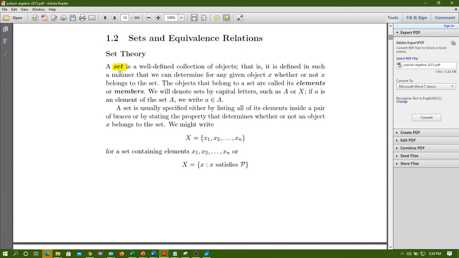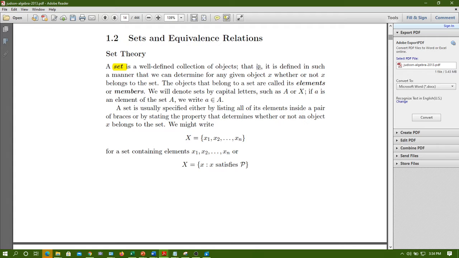I will not be discussing this one, but we'll go over the terms that are probably new to all of us. So set is common. It is a well-defined collection of objects. It is defined in such a manner that we can determine for any given object X whether or not X belongs to the set. That means when we mean set, it should be well-defined.